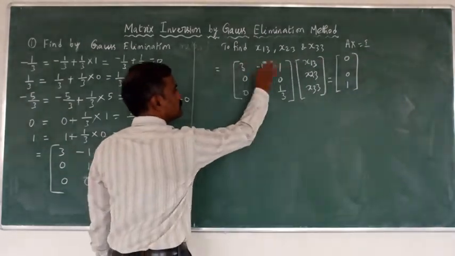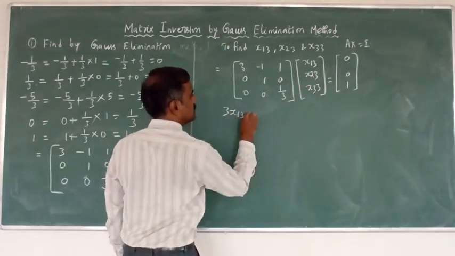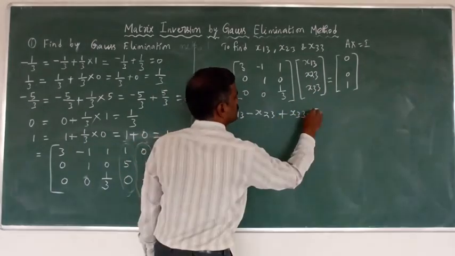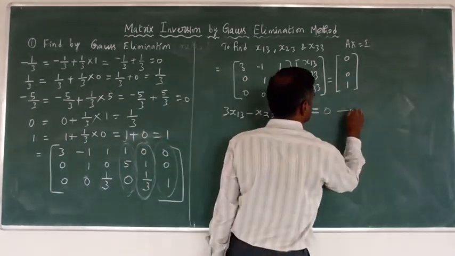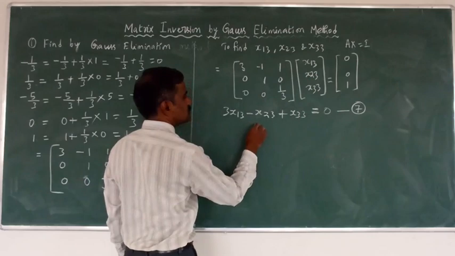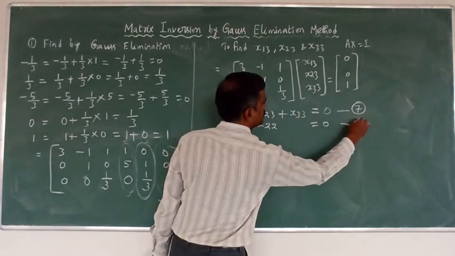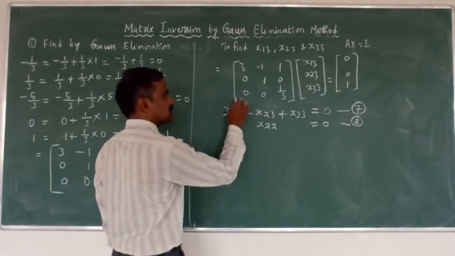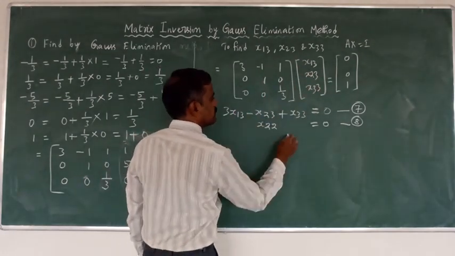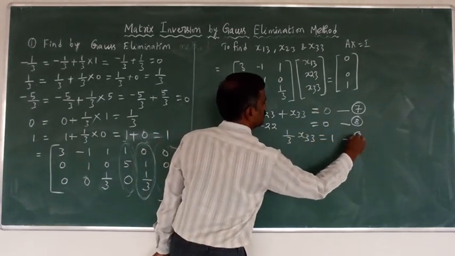Now to multiply: 3 x13 minus x23 plus x33 equal to 0. This is for equation number 7. Next, x23 equal to 0. This is for equation number 8. Next, with x13 and x23 zero, we multiply 1 divided by 3 x33 equal to 1. This is for equation number 9.